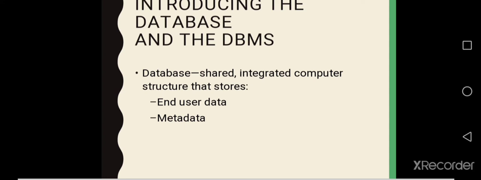So we have a data and then inside that data, there is another data. That is metadata. Mostly, data represents recordable facts. Data aids in producing information which is based on facts.